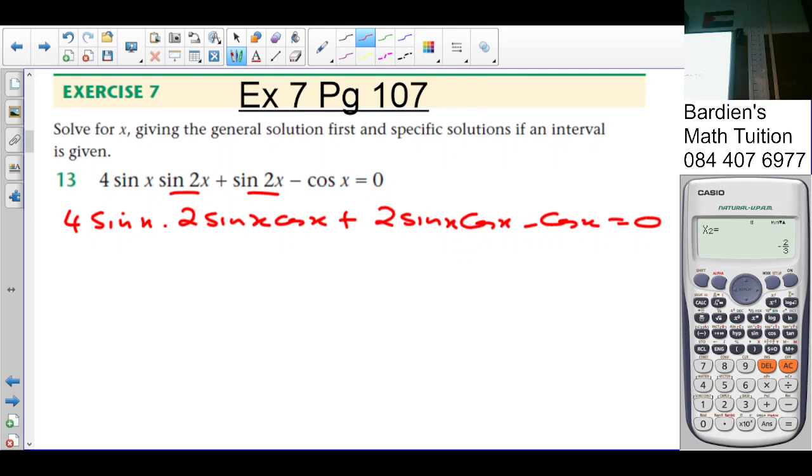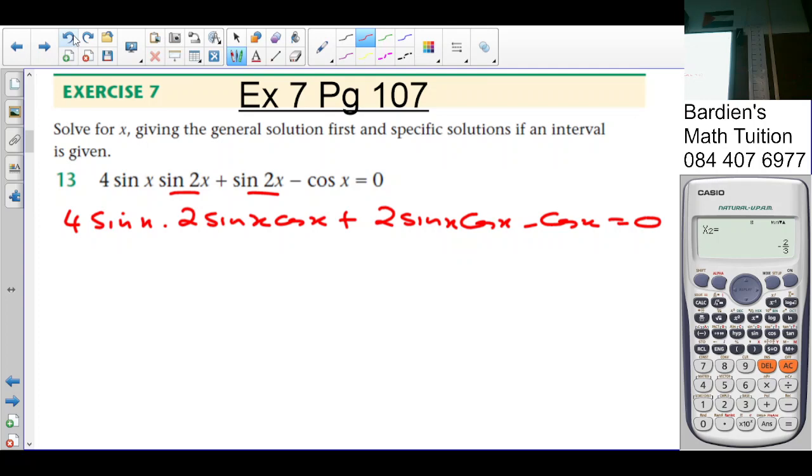Now what? We have 3 terms. Trinomial, not going to work. At this point, I don't see anything squared, otherwise I can multiply that out there and see what I get. But what else do you see? Cos is a common factor.